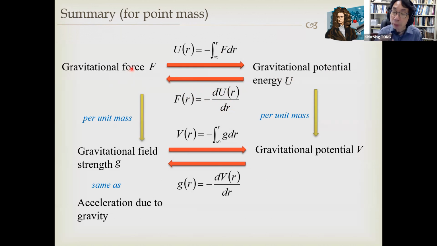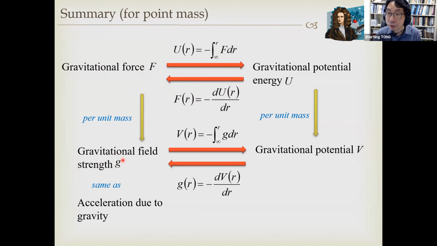Okay, so from the gravitational force to energy, you need an integration. And from the energy to the force, you need a differentiation. So these are the relations between the two. Now the gravitational force per unit mass becomes the gravitational field strength.